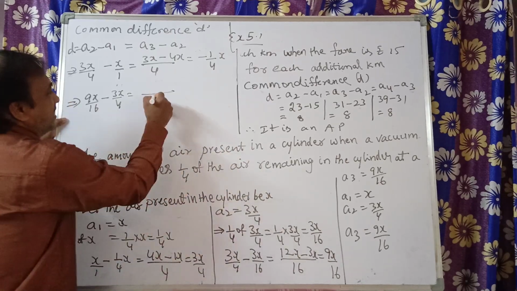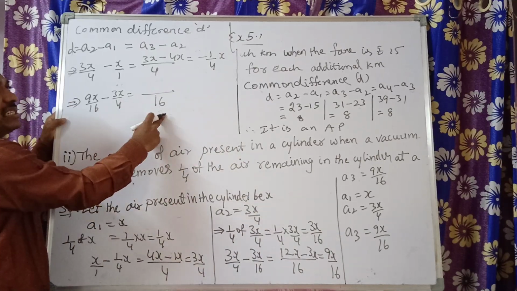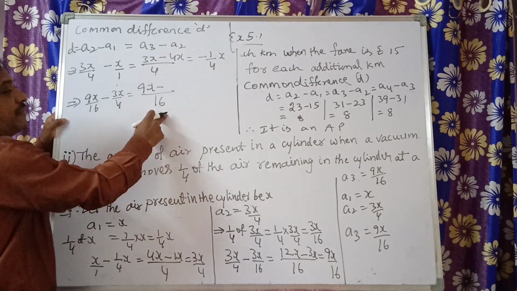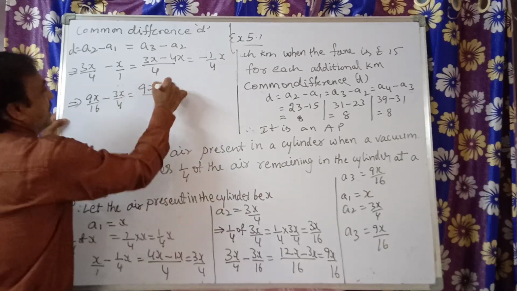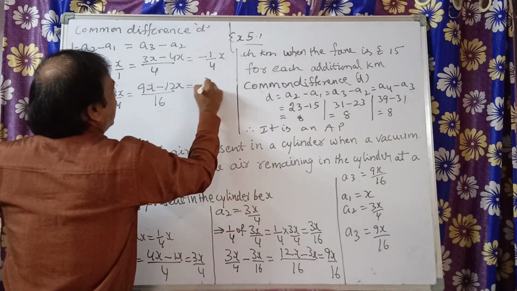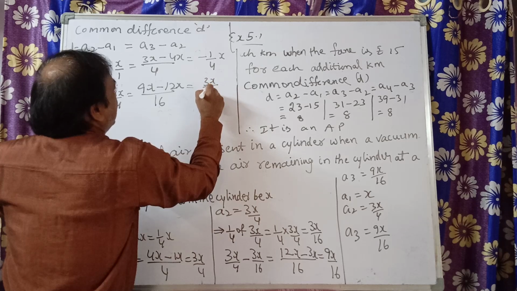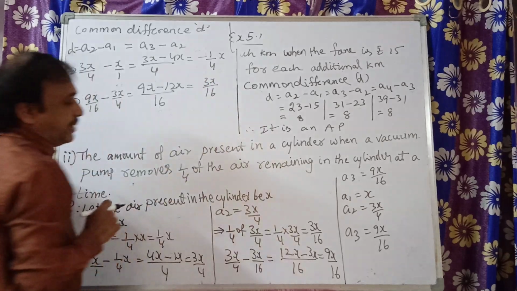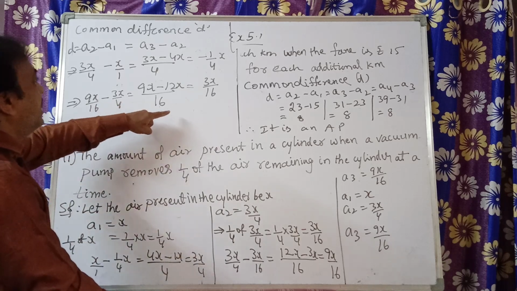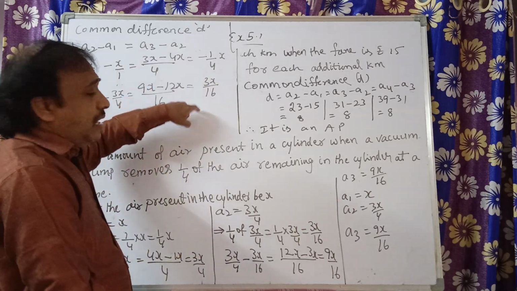Here 16 is the LCM. 16 times 16, one time you will get 9x minus 4 times 4 times, 4 into 3, 12x, which is equal to 9x minus 12x, which is 3x by 16. See the difference? Are these two same?